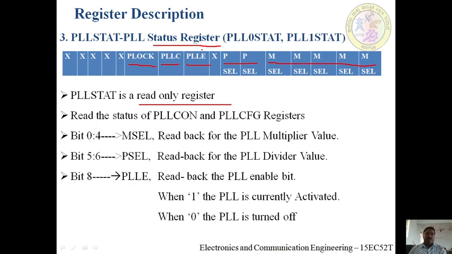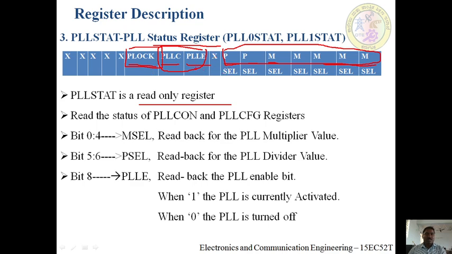It means this status register will give you only the status of the configuration and the control register bits. So these two bits, PLLC and PLLE, are the bits of the PLL control register. Then these P and M bits are the bits of the PLL configuration register. And this one extra bit here is the lock bit. Bit number 8 is reserved.